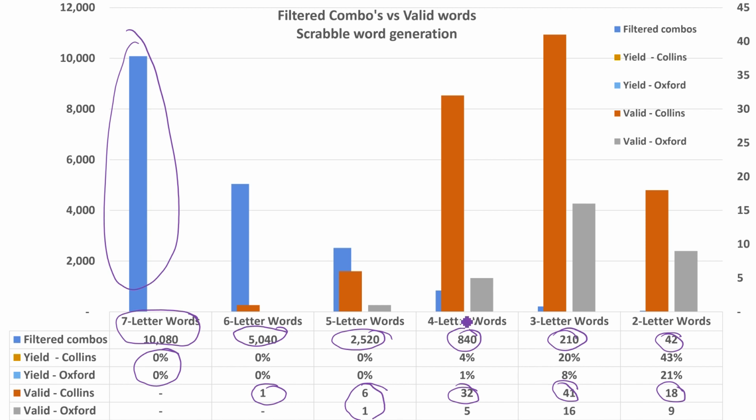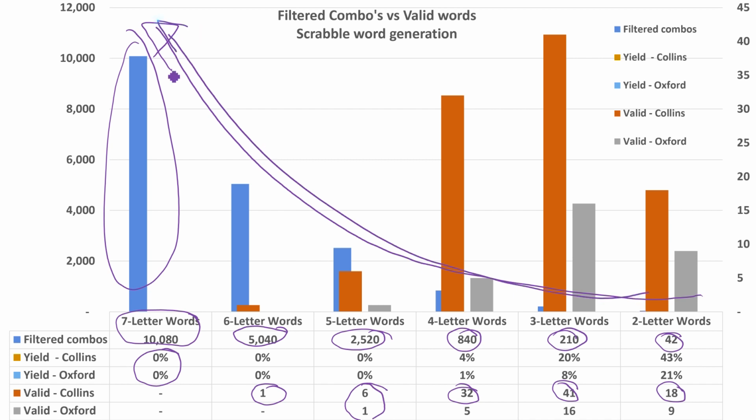As you move from 2-letter words to 7-letter words, this goes up. But interestingly enough, the yield, where yield is defined as a valid word within either the Oxford or the Collins dictionary, goes down as you increase the dimensions, the number of elements.